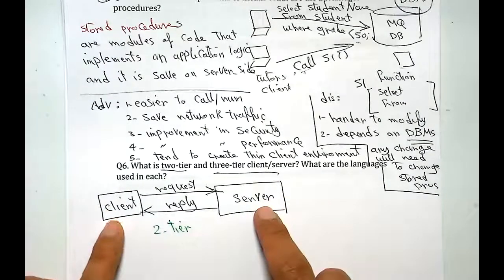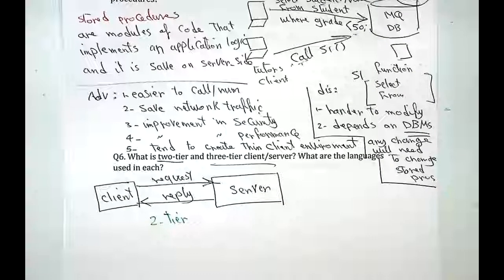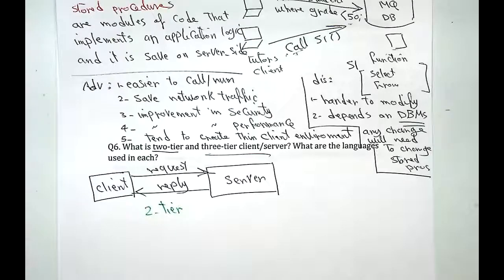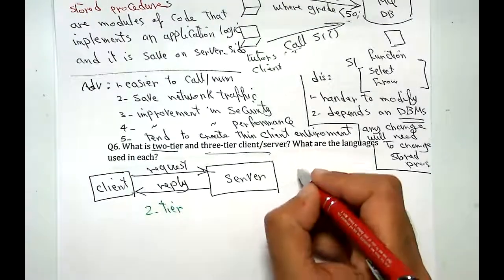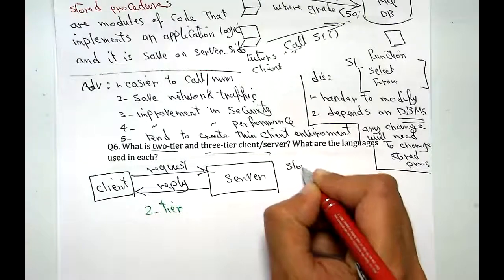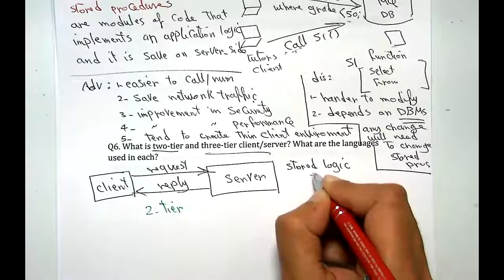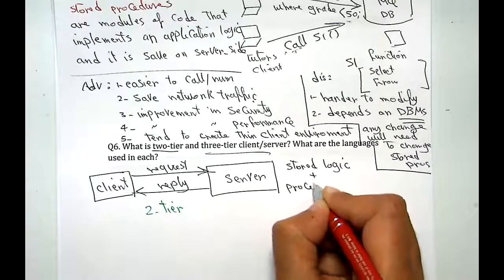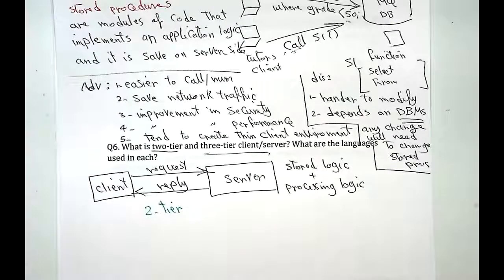The server is going to do a lot of work. The server is going to do the storage logic and some processing logic, which could be a lot, especially in a big system like the Macquarie information system.